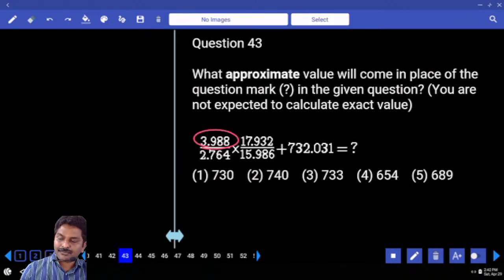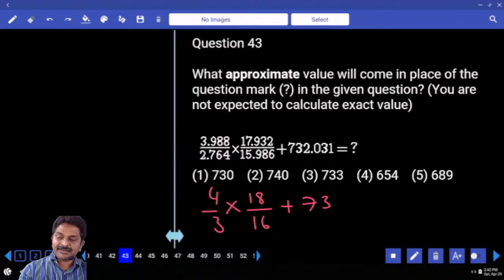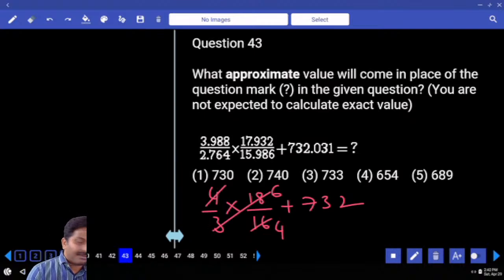Numerator. Denominator. 4 by 3. Next, 18 by 3 plus 732. 3 how many times? 6 times. 6 by 4 in the sense 1.5, plus 732. 733 point something.